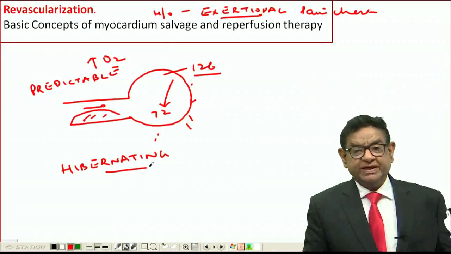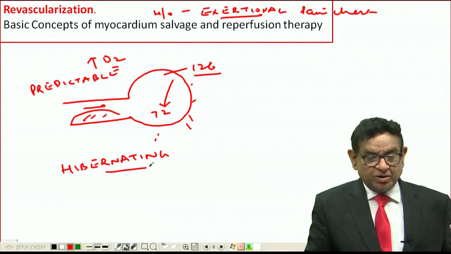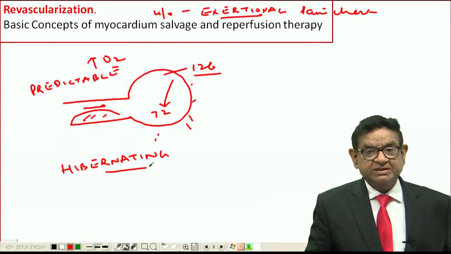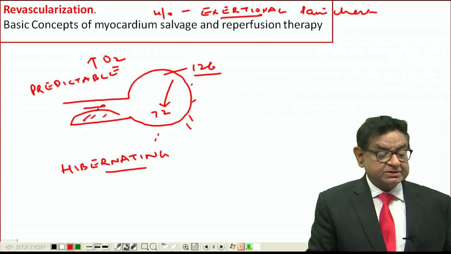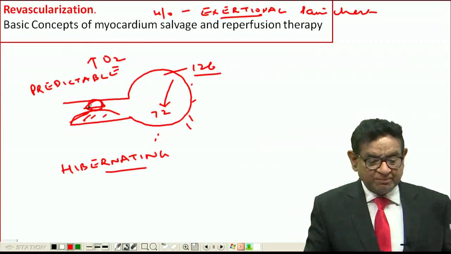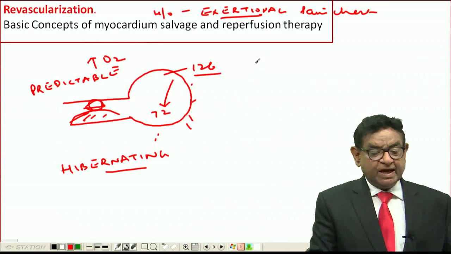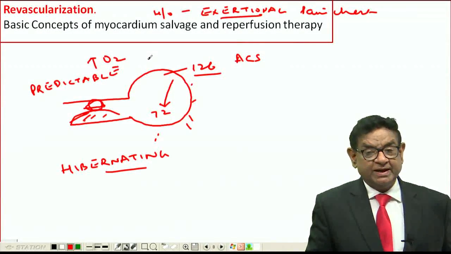Hibernating myocardium are those areas of myocardium which get recurrent attacks of ischemia because of the blockage in the concerned artery. Now, one day a clot comes, or maybe a rupture of the plaque occurs and thrombus formation occurs, or maybe an embolism comes and blocks the complete artery. Now this is what we call acute coronary syndrome or acute MI.